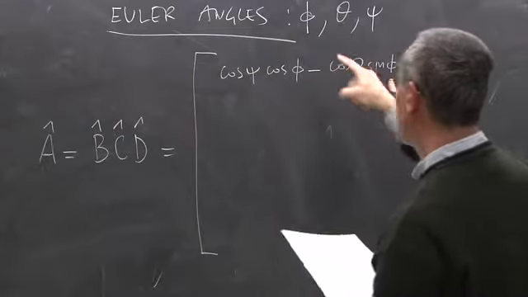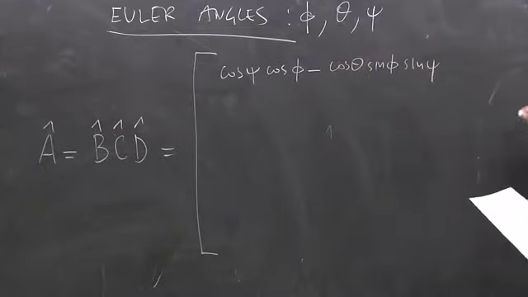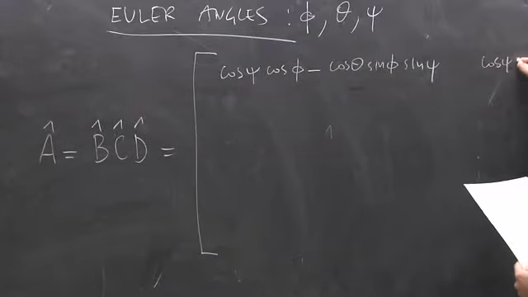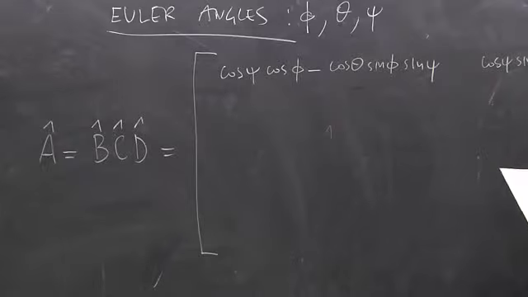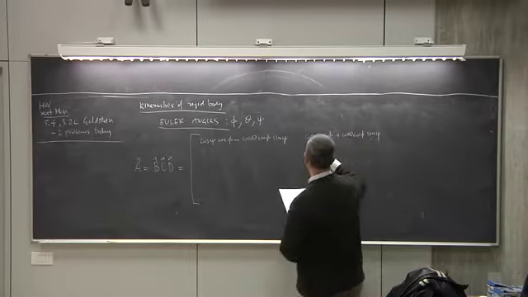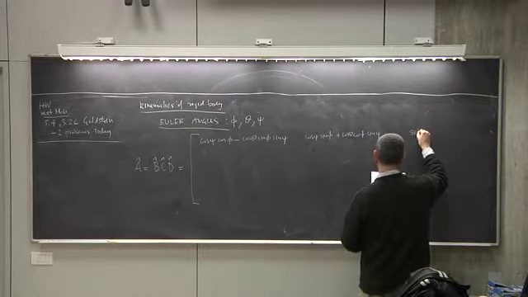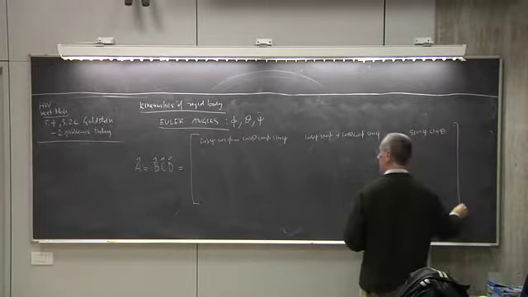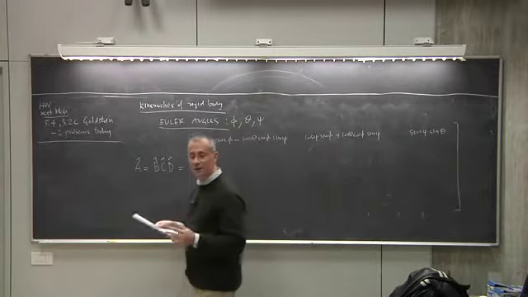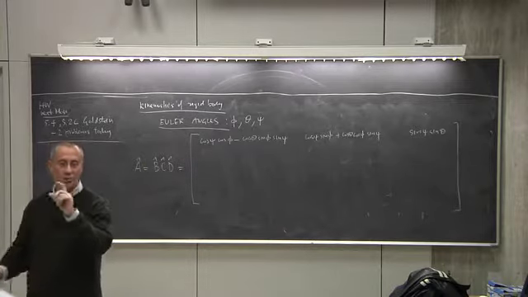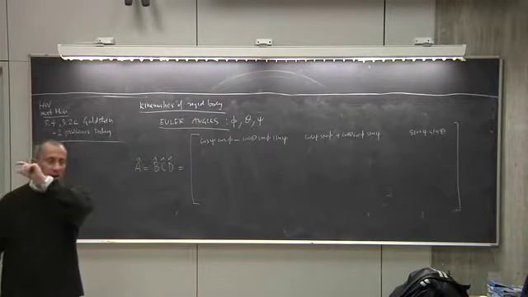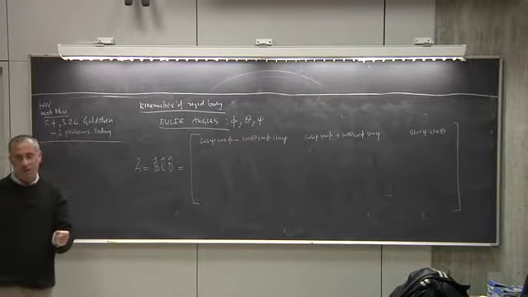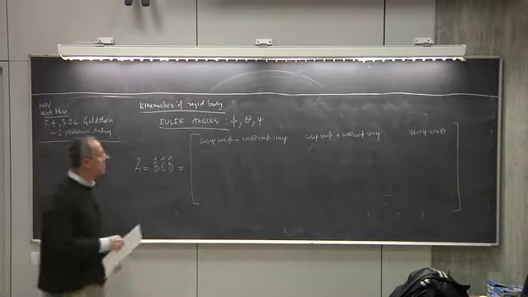So this is just the 1-1 entry. Okay. So 1-1, 1-2, 1-3. And well, you know that it is complicated because each time you multiply a matrix, you have to take a row and multiply by the column, right? So that generates a lot of terms.